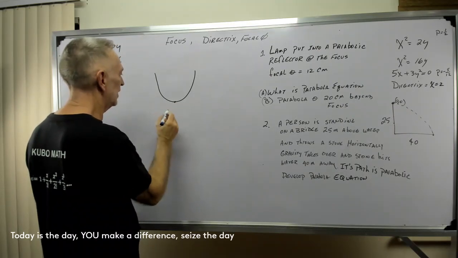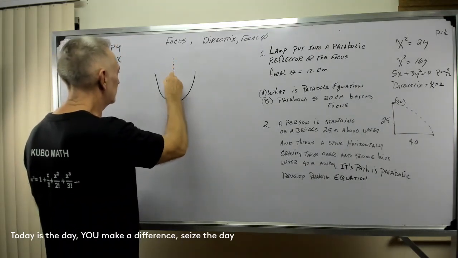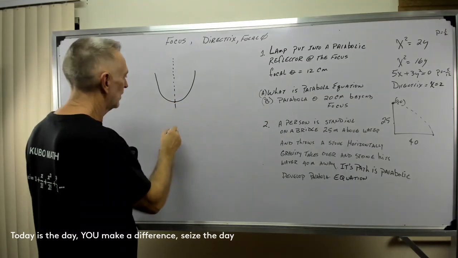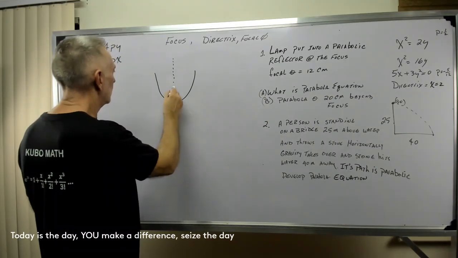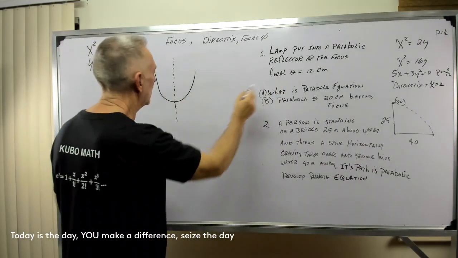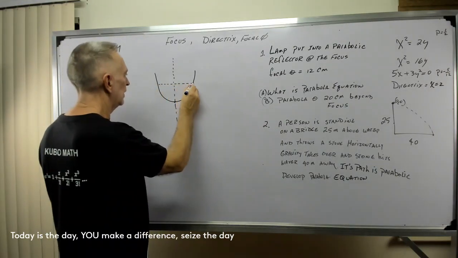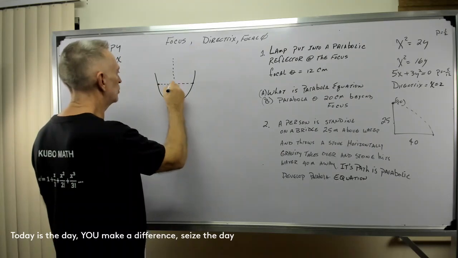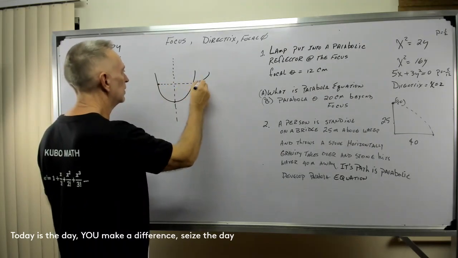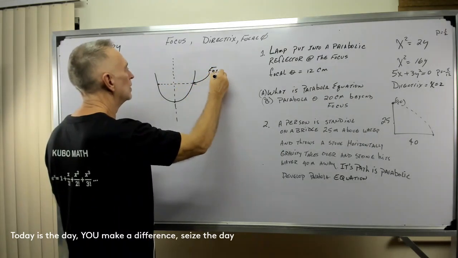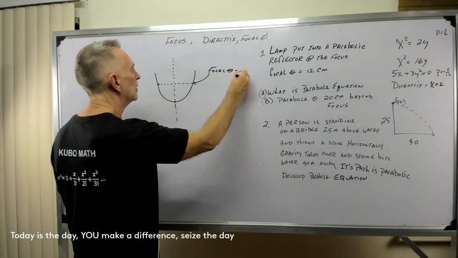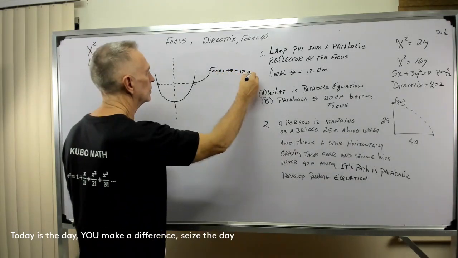We've got our vertex here, our axis of symmetry here, and some focal diameter. It gives us the focal diameter, and it says that focal diameter is 12 centimeters.